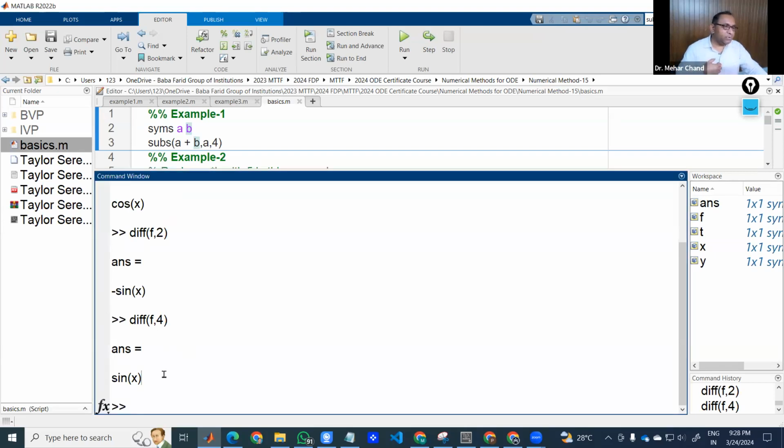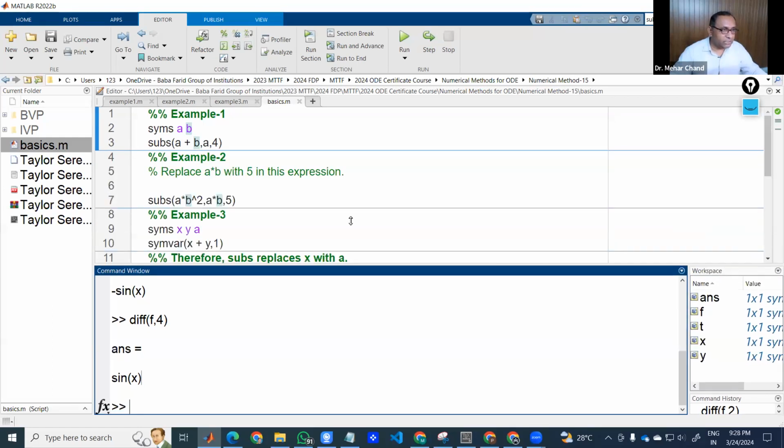But in the case of a partial derivative, because f will involve more than one variable, we cannot do it this way. But we can take higher order partial derivatives by using the diff function also. Only this type of calculation is required in the present discussion.